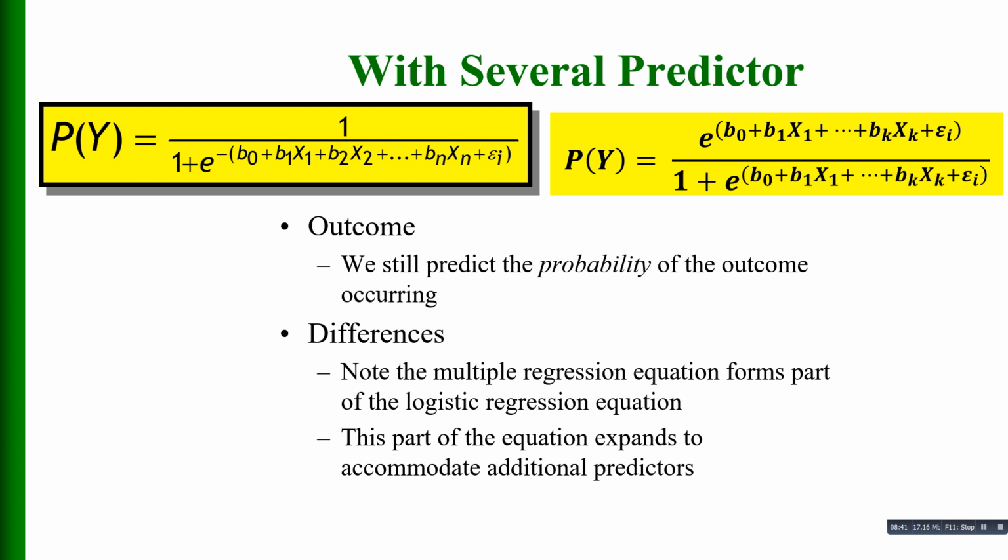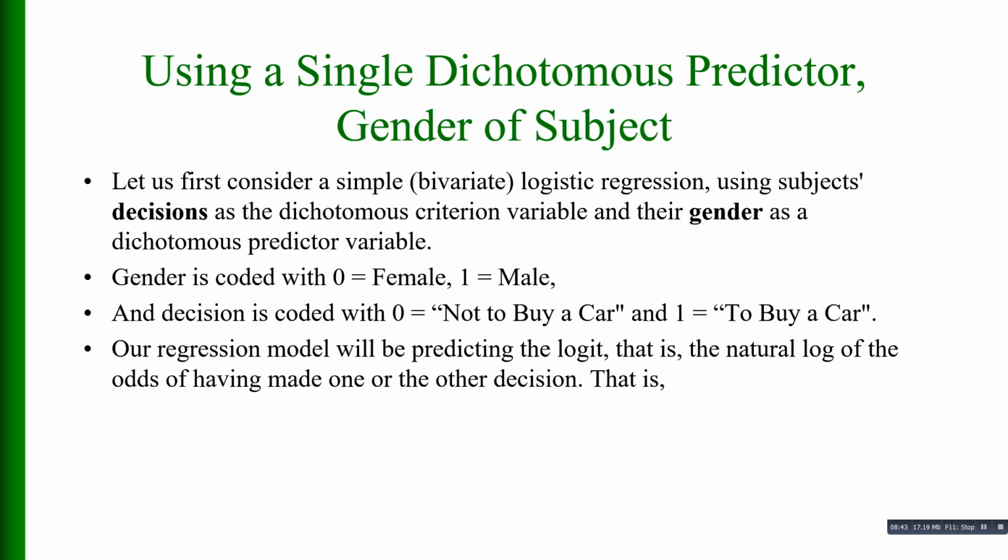Now I will use a single dichotomous predictor, and that is gender of the subject. Let us first consider a simple bivariate logistic regression using subject's decision as the dichotomous criterion variable and their gender as a dichotomous predictor variable. It means the dependent variable has two categories, and the independent variable, that is the predictor, the gender, also has two categories.